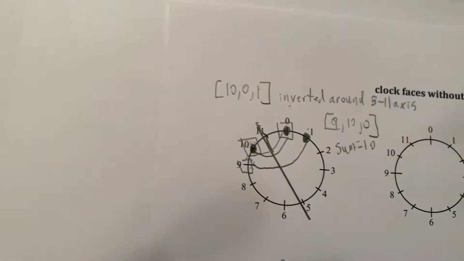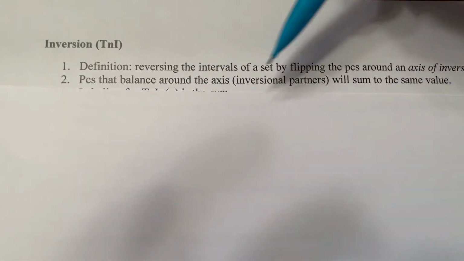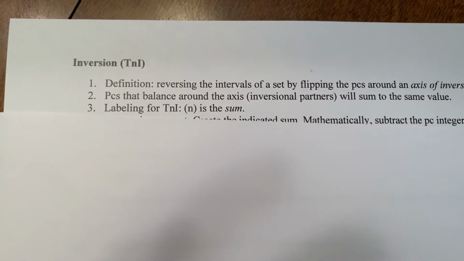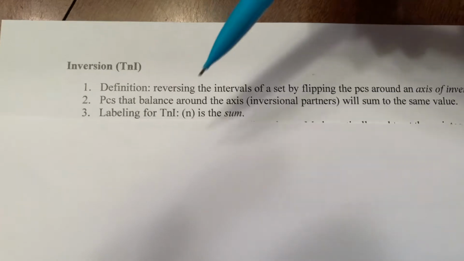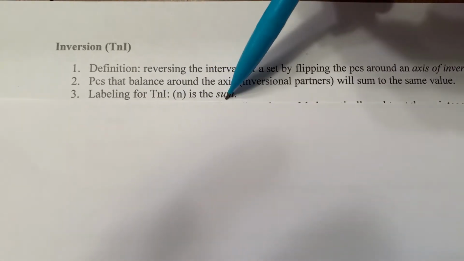So that's actually what we're going to use. We're going to use the sum. So again, pitch classes that balance around the axis will sum to the same value, and that's what the n is going to be. So labeling for inversion, n is going to be the sum.